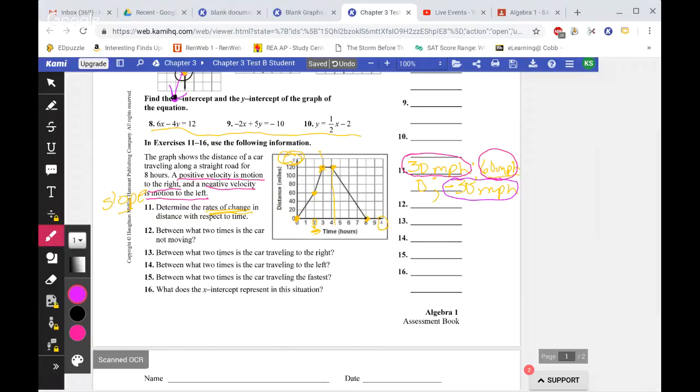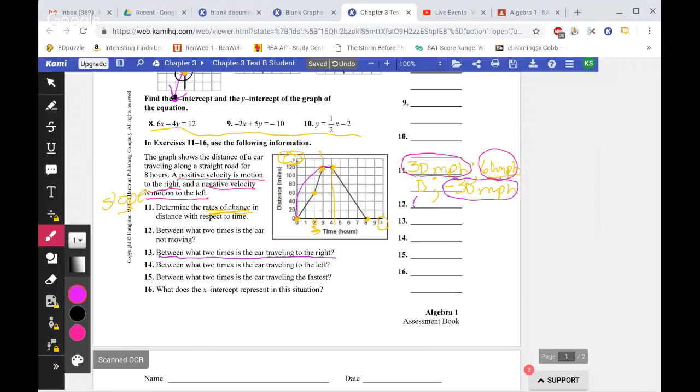All right. So I'm going to skip number 12 for the time being. Between what two times is the car traveling to the right? So the positive velocity is the traveling to the right. So basically, it's actually traveling to the right all the way up to here from 0 to 2 and 2 to 3.